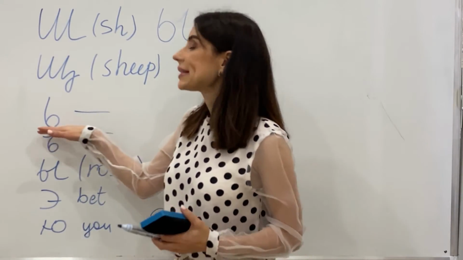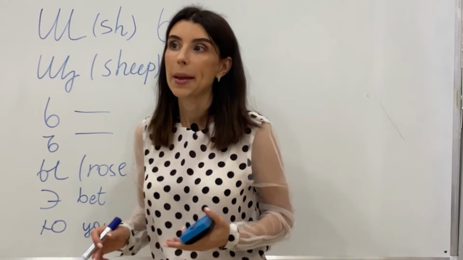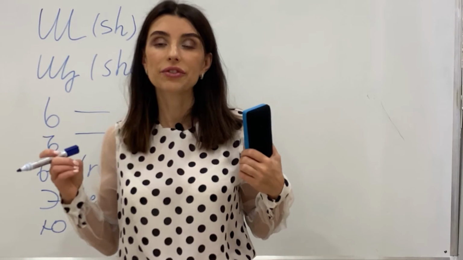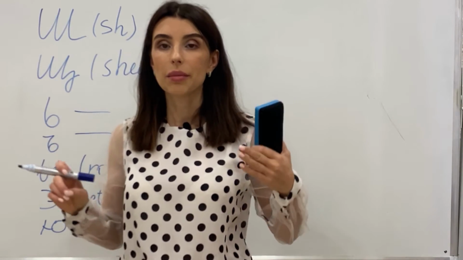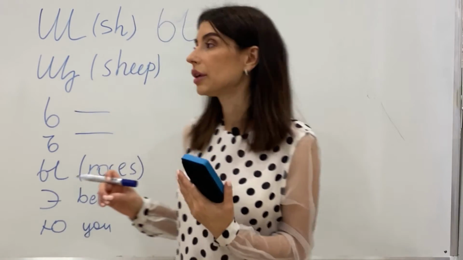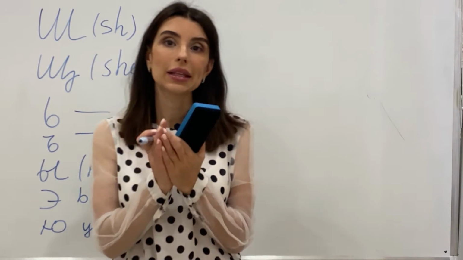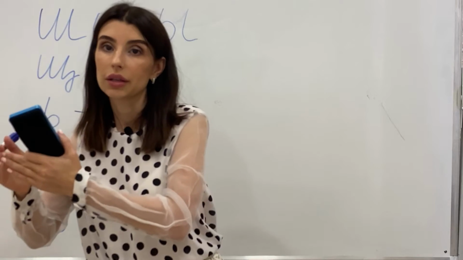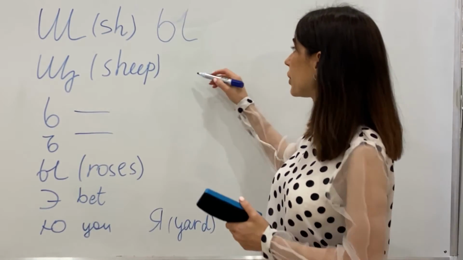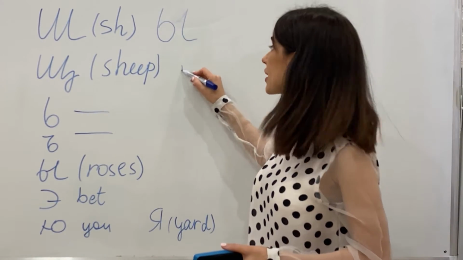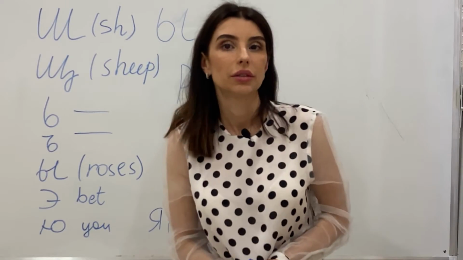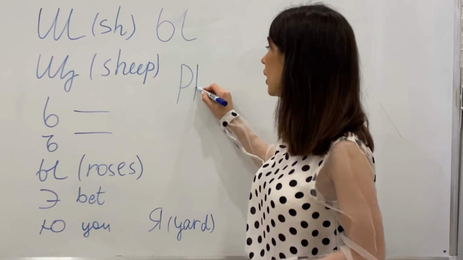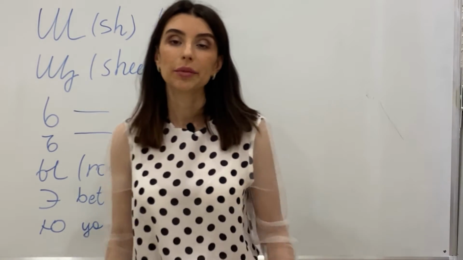So, you can see this letter just after some letters to make a strong letter become soft. So, for example, the letter R. If you put мягкий знак after R, it can be R.